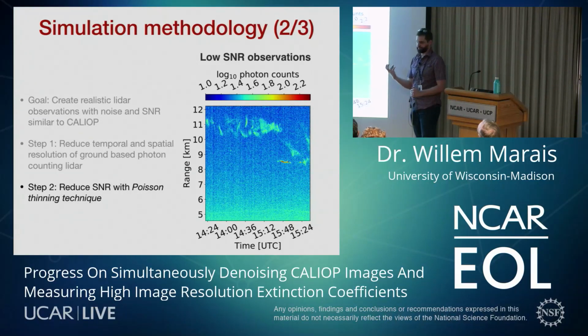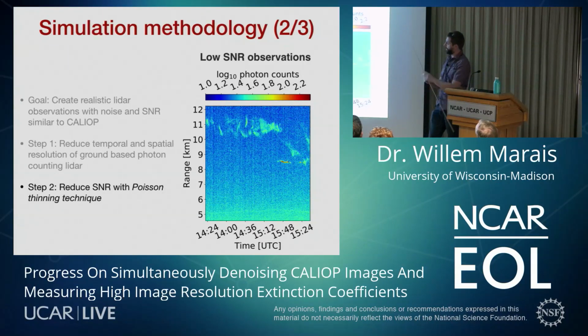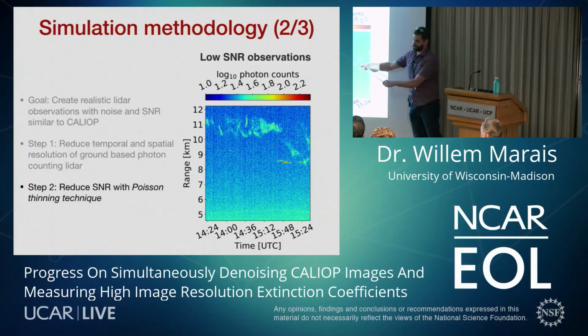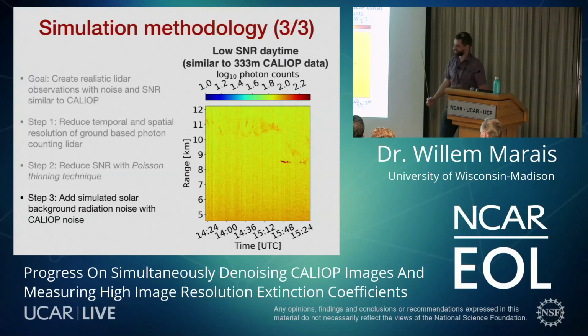Depending on what type of random sampling you use, your second image is also Poisson distributed, but it has fewer photon counts, therefore its SNR is lower. So with a high SNR image, we can create a low SNR image, where the SNR is similar to a space-based lidar instrument. Then, as an extra step to increase the noise and make the SNR much lower, we can add Poisson random variables to each column. And then we end up with a daytime simulated low SNR lidar image.